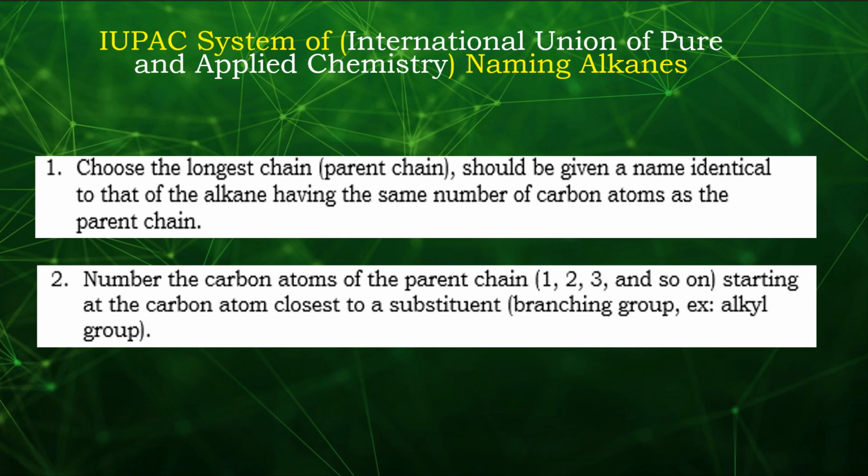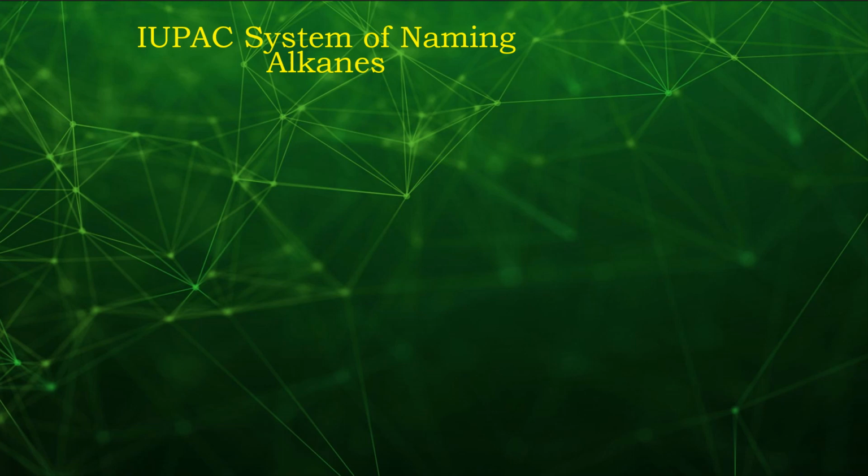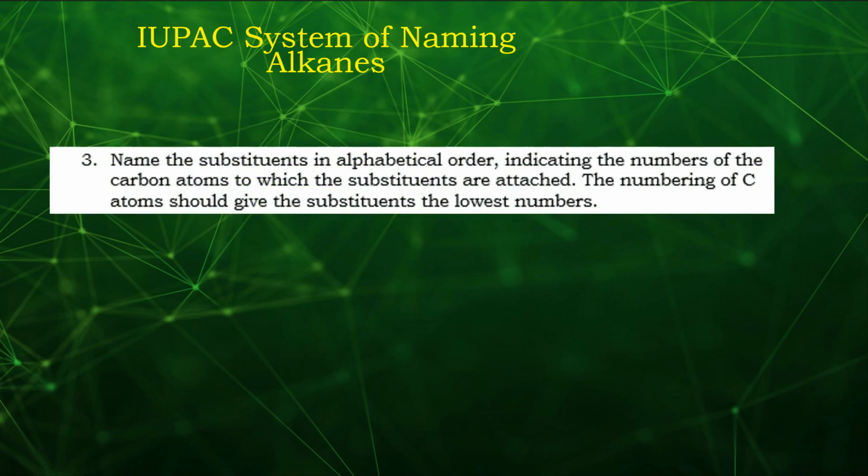Ano po ba yung substituent na yan? That is the branching group. So example po is an alkyl. So alkyl lang po ba yung pwedeng maging branching group? No. Pwede pong iba pa, like hydroxyl or carboxyl. Another rule rather, we name the substituents in alphabetical order, indicating the numbers of the carbon atoms to which the substituents are attached.